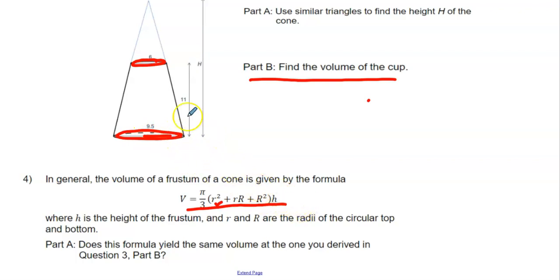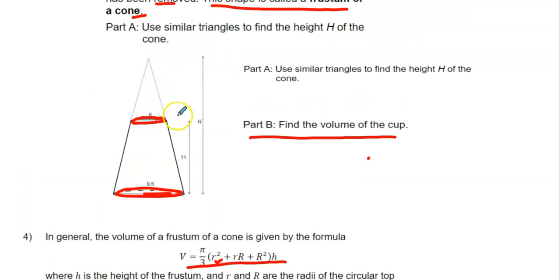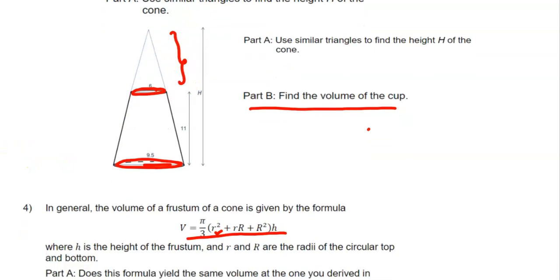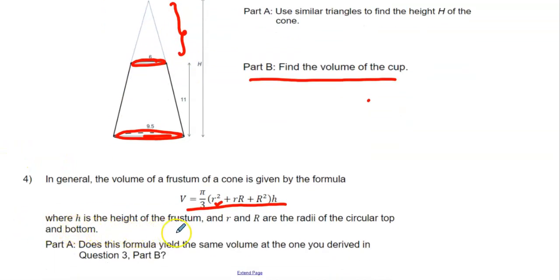And h is the height of the frustum, and r and R are the radii of the circular top and bottom.